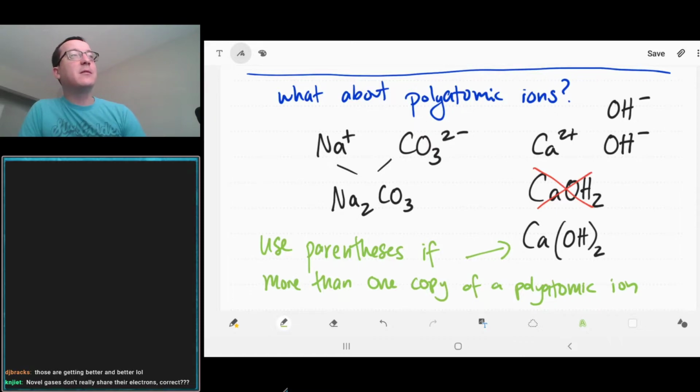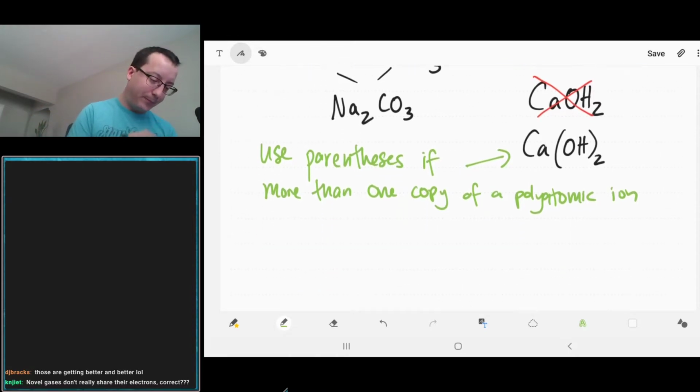The chemists, myself included, love brevity, right? We like to make stuff as short as possible, as simple as possible. So we do not put parentheses if we don't need them. But if we have multiple of a polyatomic ion, we are going to use parentheses to indicate that we have multiples there.